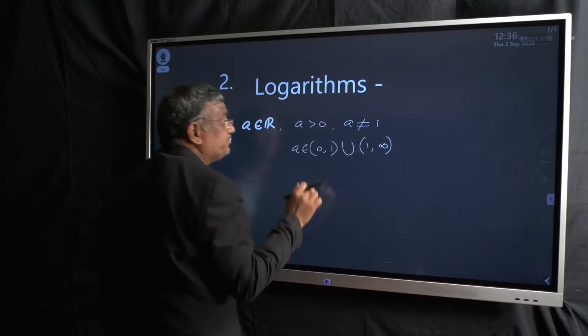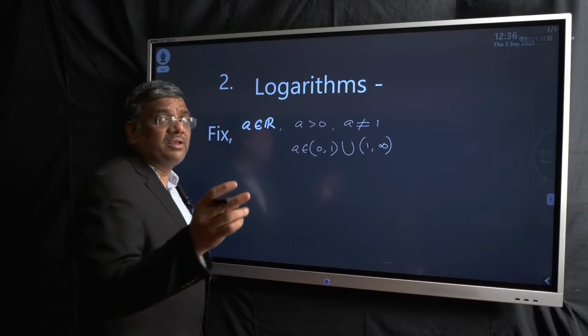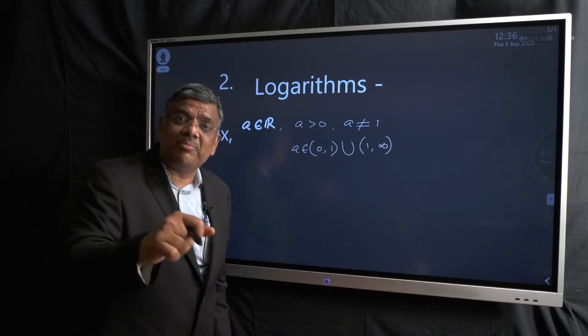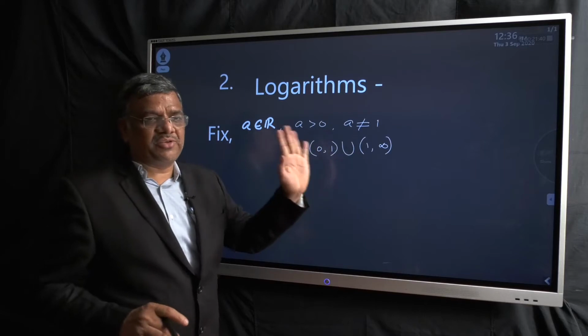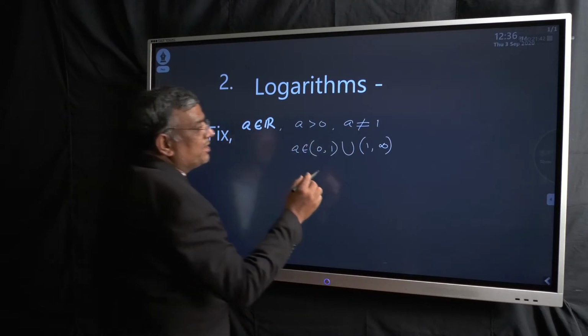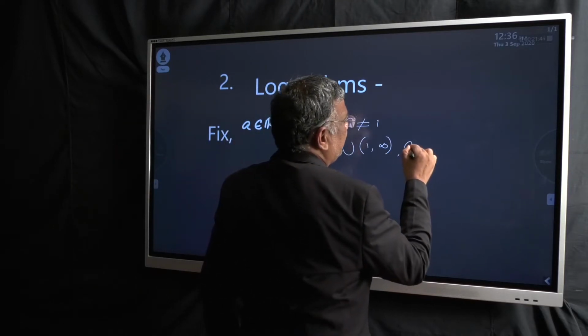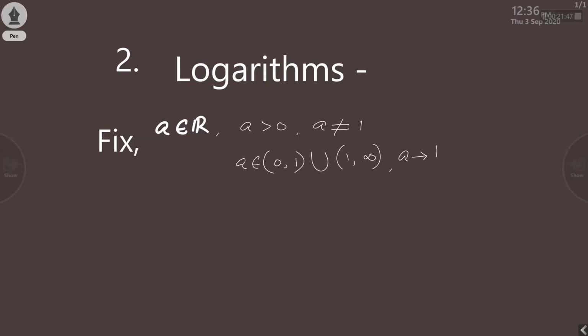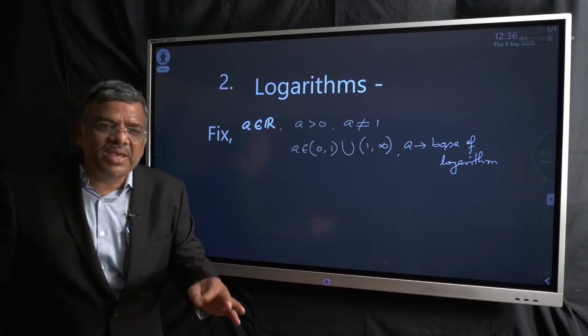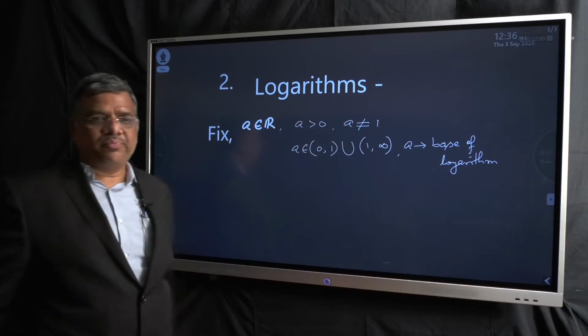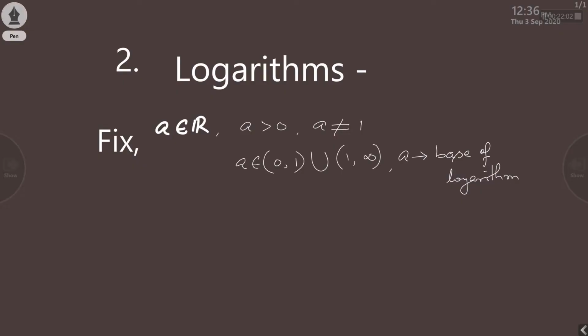A cannot be 1. A can be 2, a can be 3, a can be 1 by 2, and a cannot be negative. Such a number is fixed. This number a is called the base of the logarithm, right?